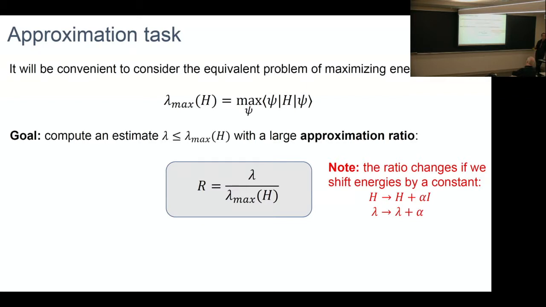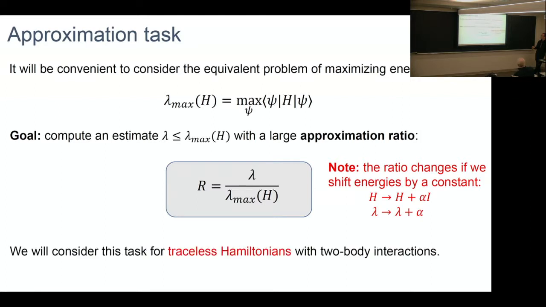So in order for this to be a well-defined metric, we need to fix some convention that doesn't let us shift by multiples of the identity. So in this talk we're going to consider traceless Hamiltonians, meaning this identity term is 0. We're also going to restrict our attention to systems with two-body interactions, interaction between two particles at a time. That's the task. Are there any questions about that?